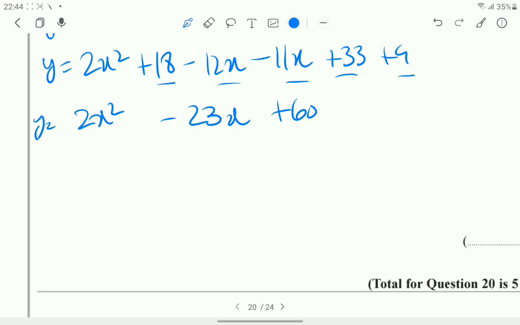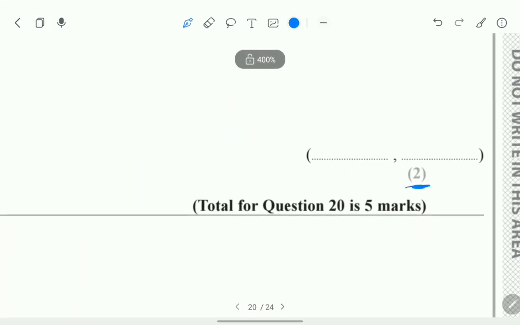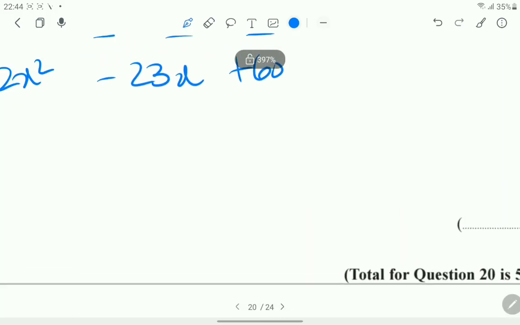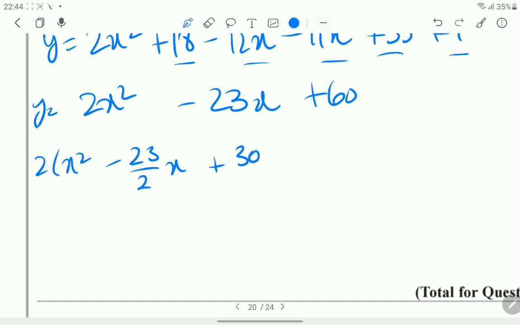There is another method where you differentiate this equation, and wherever the gradient is 0, that is the turning point of the curve. But you could just do it with the completed square method because the marks are not justified for performing calculus on this. So 2 common: x squared minus 23 by 2 x plus 30.